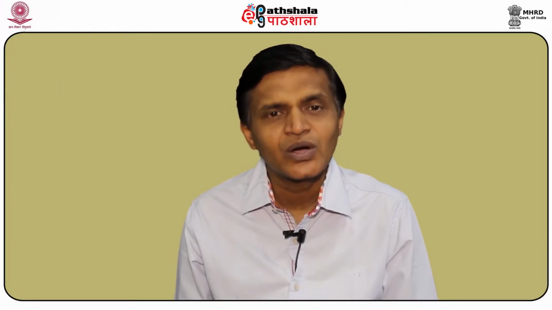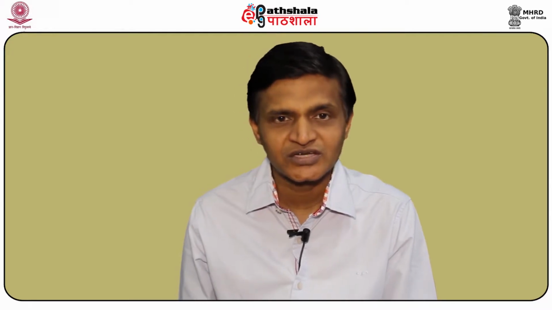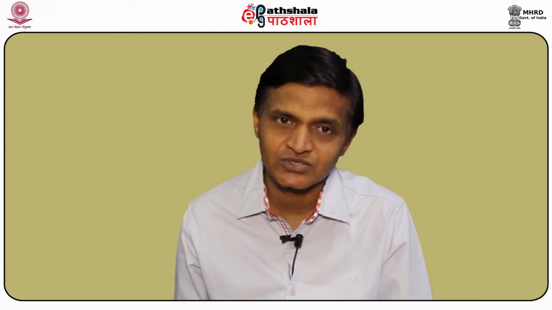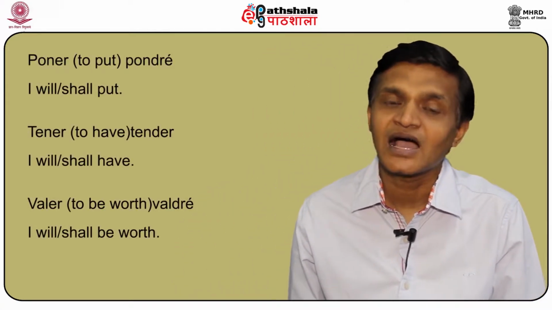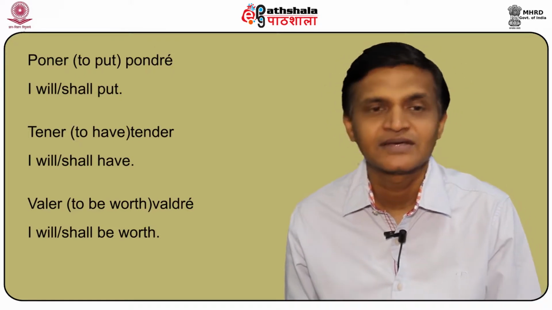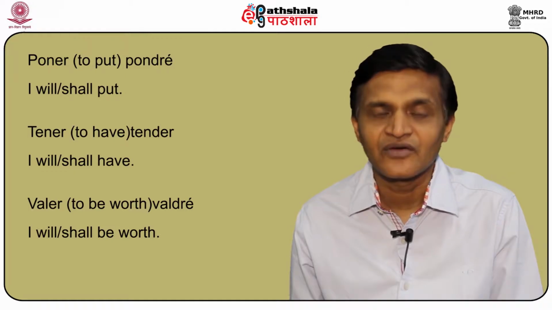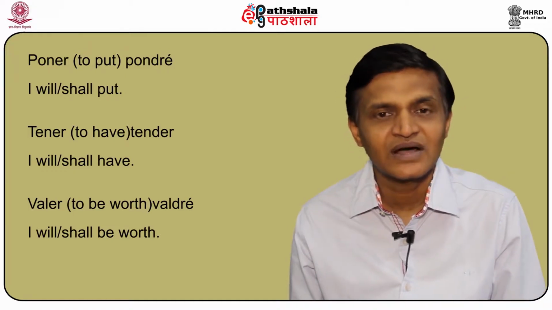So now that we know how verbs like salir and the other verbs are conjugated, we shall see how they are done in the future tense also. So poner, to put, is pondré. I will or I shall put. Tener, to have, is tendré. I will, I shall have. Valer, to be worth, is valdré.